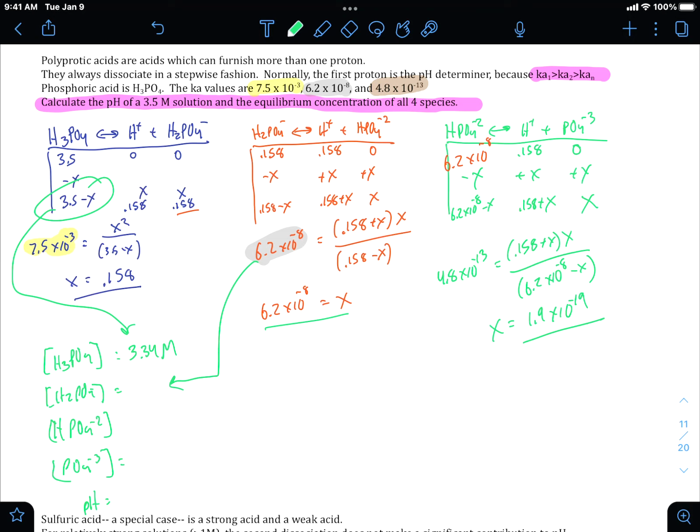That was H2PO4. HPO4 minus 2 is from here, meaning it's still 6.2 times 10 to the minus 8th. And then PO4 was that. The pH is based primarily on H plus, which is 0.158.